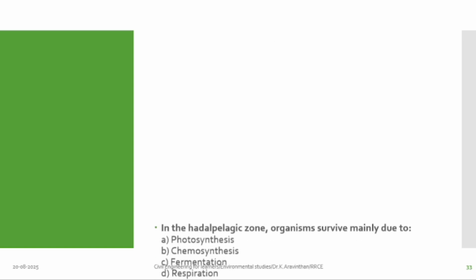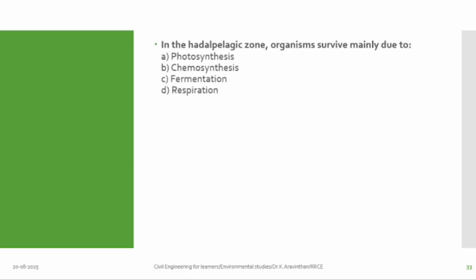Yes. Next thing, in the hadalpelagic zone, organisms survive mainly due to, there you don't have sunlight, chemosynthesis. I have told you, no. Wherever sunlight is not there, the organisms use chemicals to produce food, similar to photosynthesis.